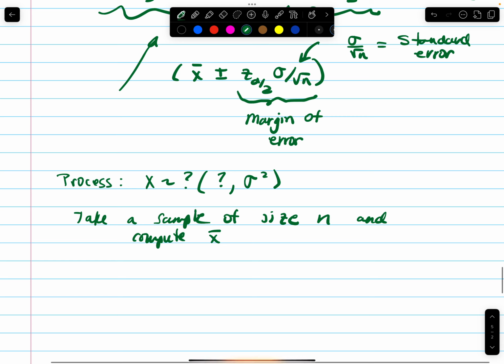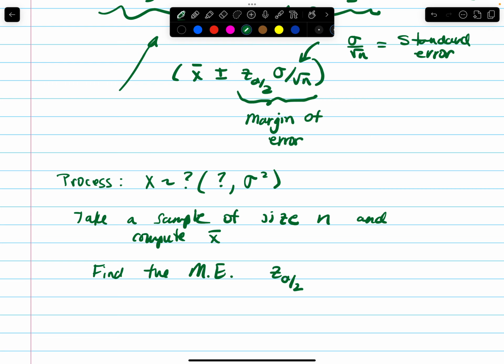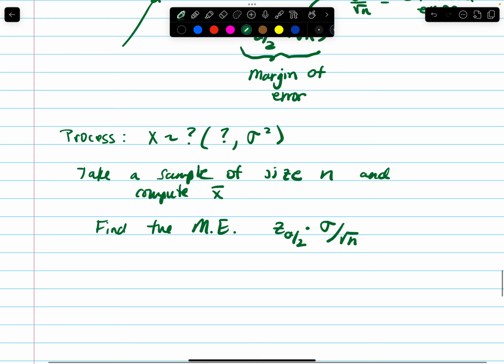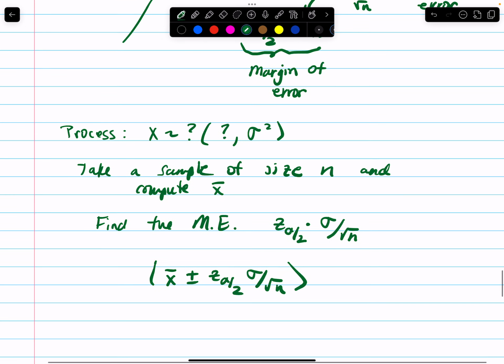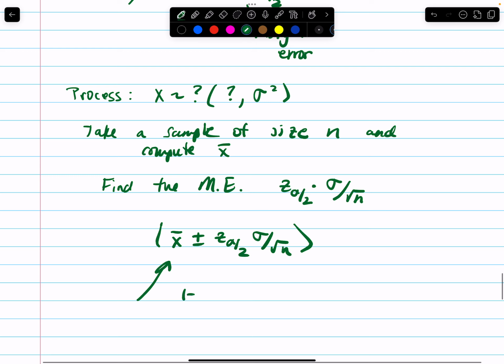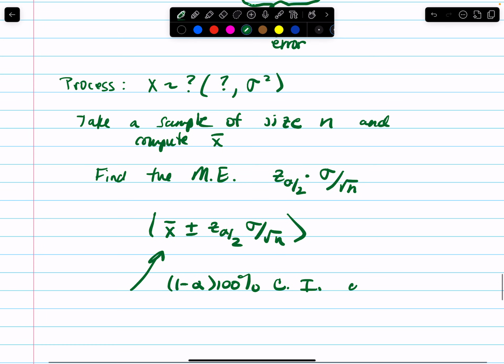And then we find the margin of error, which is going to be z alpha over 2 times sigma that we know divided by the square root of n. So once we've done that, then we construct our interval by adding and subtracting it to both sides, and that is a confidence interval. This is a 1 minus alpha times 100% confidence interval of the population mean.